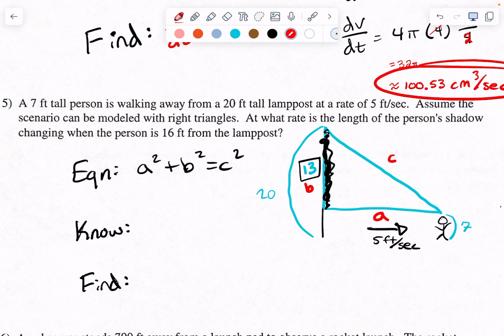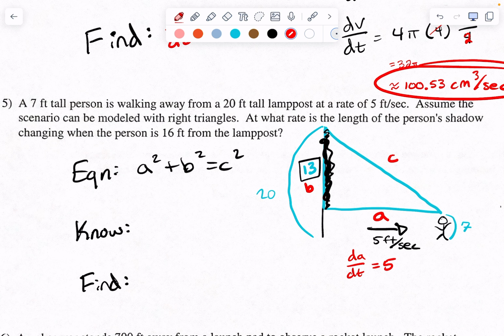B, and C? Okay, so then what is 5? 5 is gonna be dA/dt. dA/dt is the rate at which we're walking, right? dA/dt is 5. Okay.